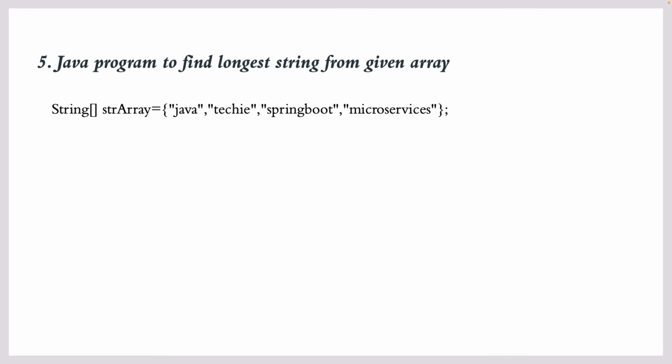For example, if we have four strings in an array: Java, Techie, Spring Boot and microservices, and you check the length of each string, the first one is 4, the second is 4, the third is 10 and the fourth is 13. Now which is the longest string in this array? The fourth one, because its length is 13. So how can we do that using Java 8? This is also very simple.